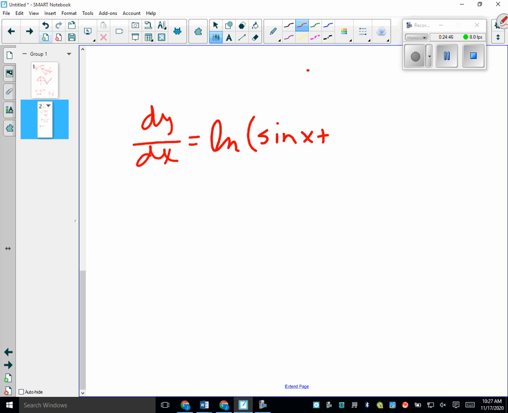This is a problem, right? Yes. The lower limit is 2, so it is 2 to x.